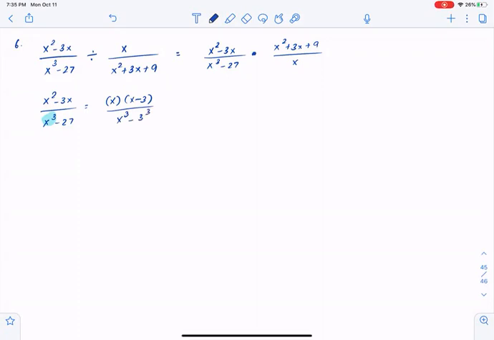So I could write the denominator as x cubed minus 3 cubed. That is a special product. A is x and b is 3.